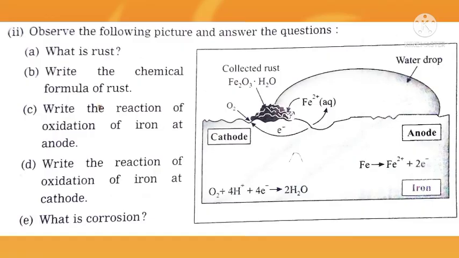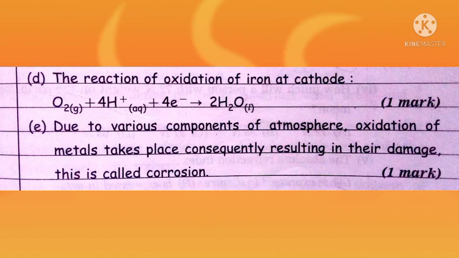Question D. Write the reaction of reduction at cathode. Answer: the reaction at cathode: O2(g) + 4H⁺ + 4e⁻ → 2H2O.